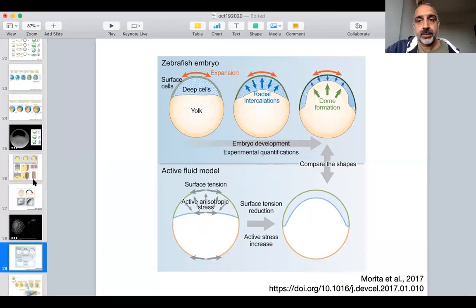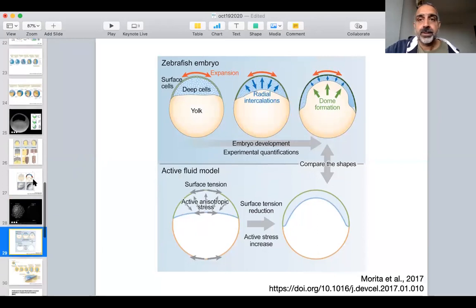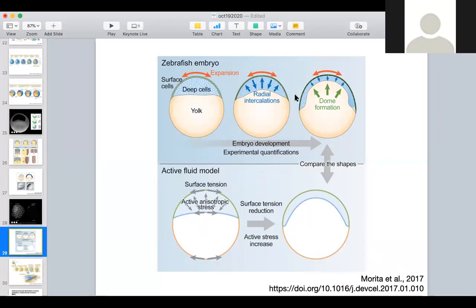So there are some very nice reviews about this, especially from Marita, who talks about this from a physics viewpoint as well. They talk about this movement as being a kind of active fluid model with different types of surface tension, which enable these movements to take place.